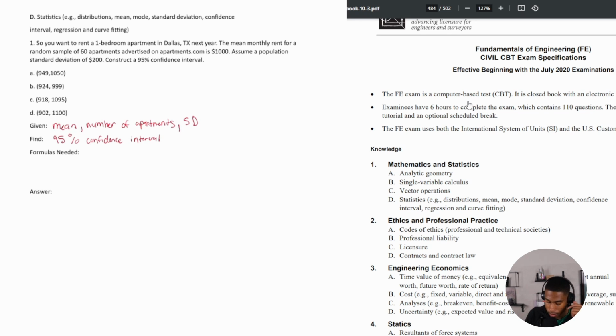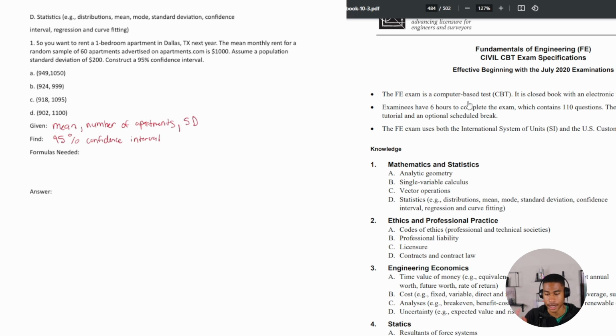Okay, so what is a confidence interval? Basically a confidence interval is a range. And that's what we're trying to find: to be 95% confident that an apartment within this sample is going to range pretty much near the $1,000 mark, plus or minus 200, right?